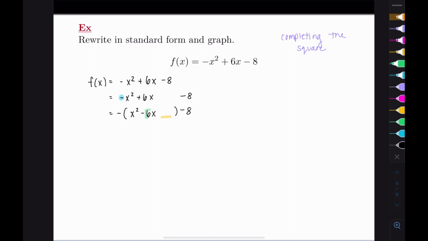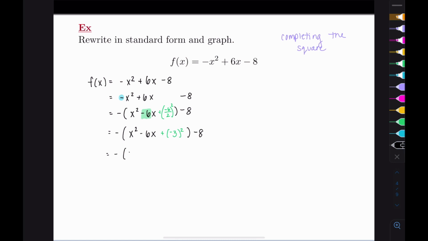You're going to take this number, minus sign included, divide it by 2 and square it. So I take negative 6, divide it by 2, and square it. So I'm going to keep going with this. This is x squared minus 6x, and this would be plus negative 3 squared.